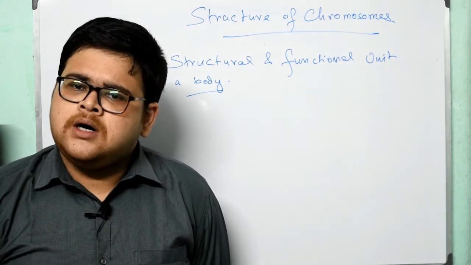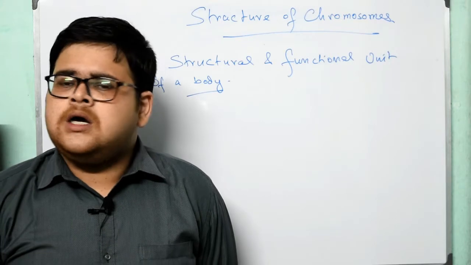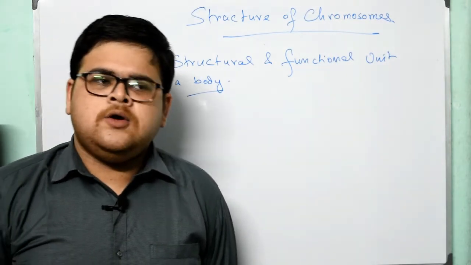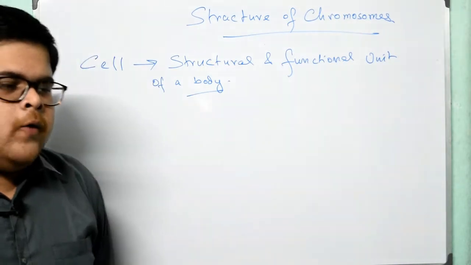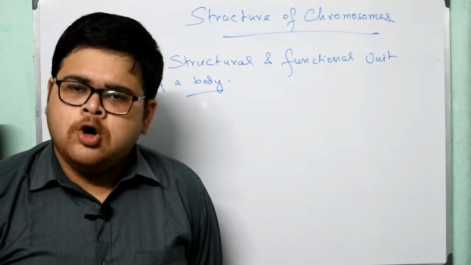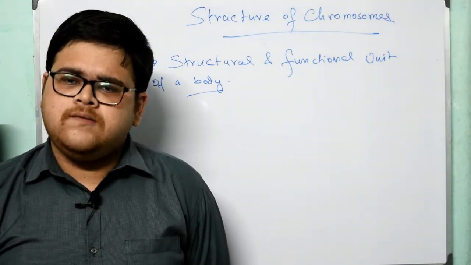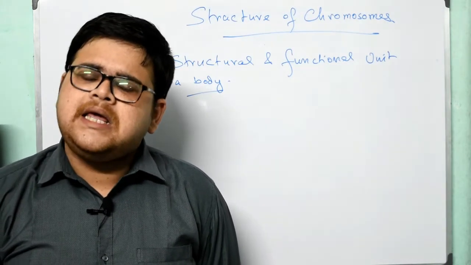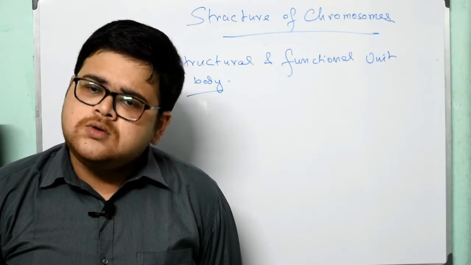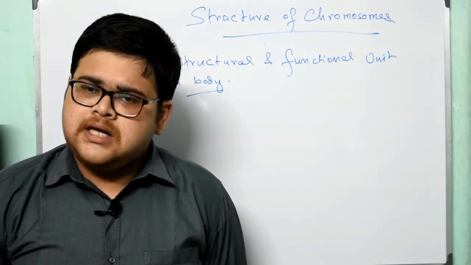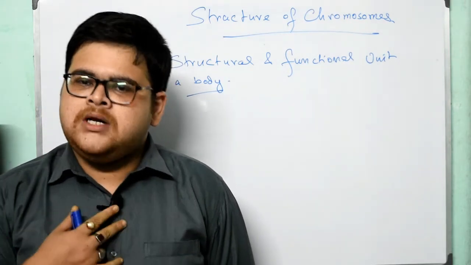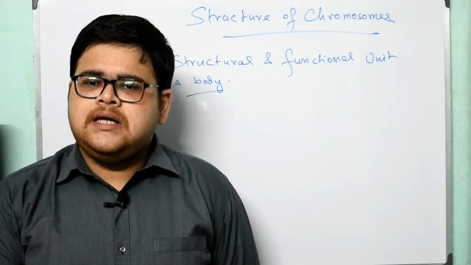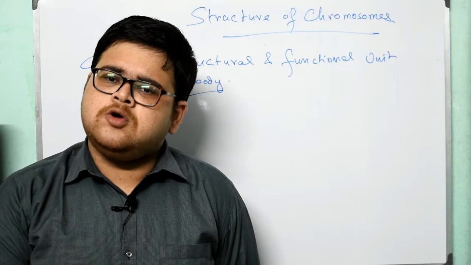Why did I say the functional part also? Can you answer? See, why do we call it a functional unit also? Because how our whole body functions, each and every function, is also the function of the cell. How our body is performing and functioning, our cells are also doing that.